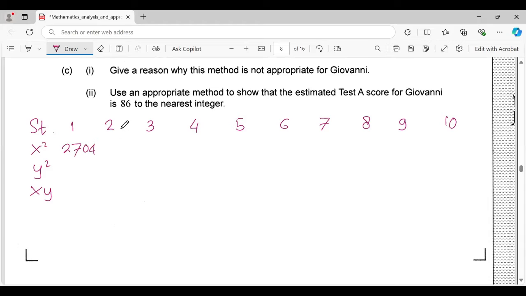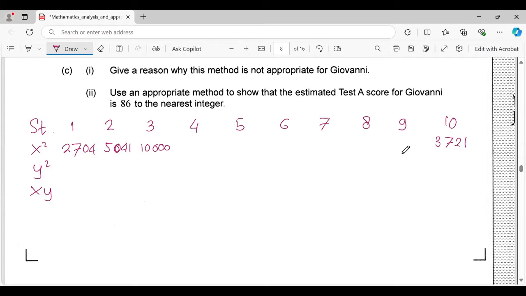And then 71 times 71 is 5,041. And after that, 100 times 100 is 10,000. And you can multiply all of this data until student 10: 61 times 61 is 3,721.